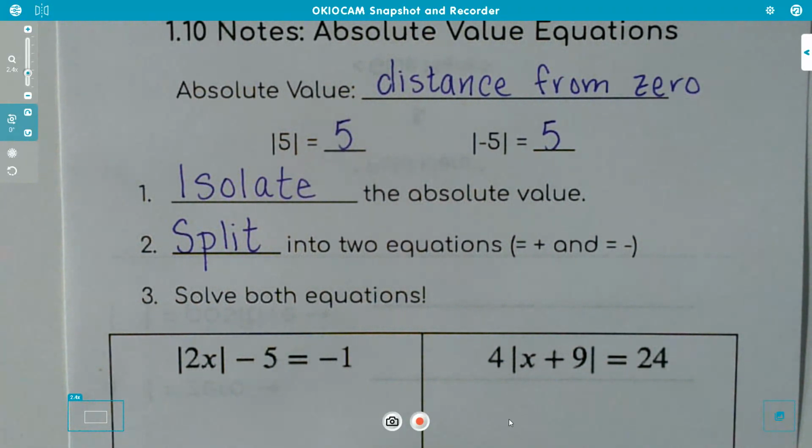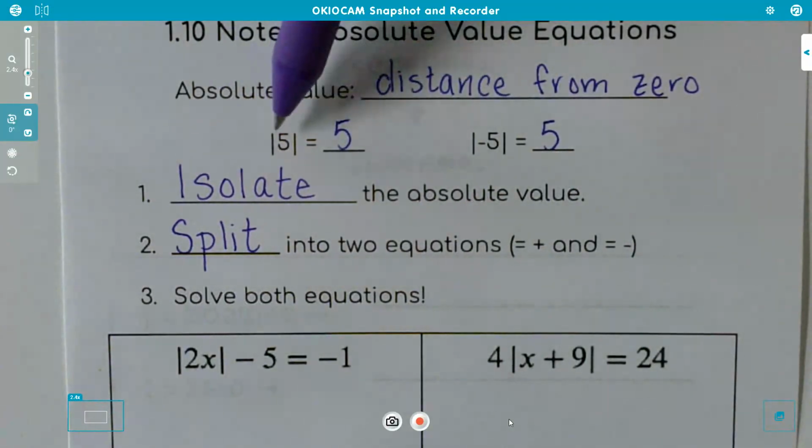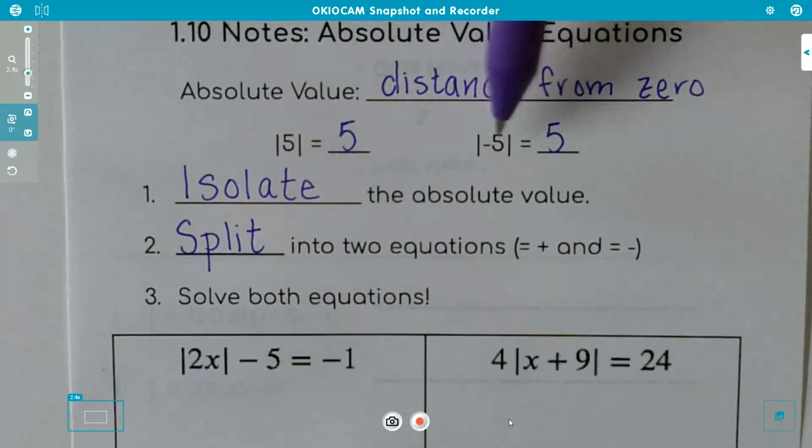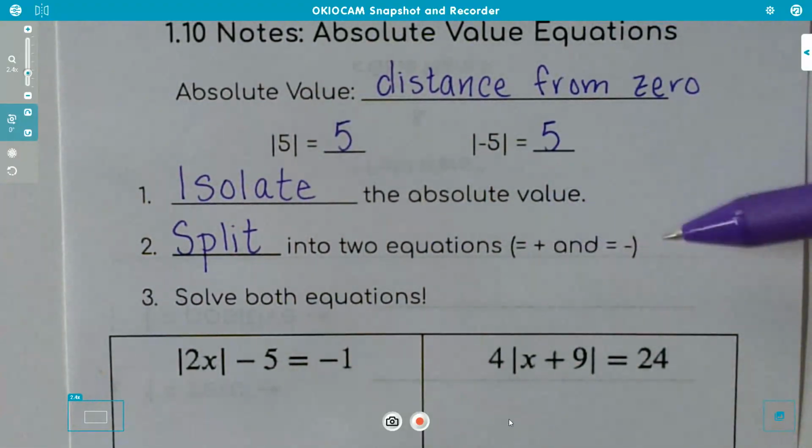So if I say that the absolute value of something is equal to 5, I'm going to need to solve that equation equal to 5 and equal to negative 5. So I'm going to split. One is going to be equal to a positive, and one is going to be equal to a negative. Once you have split, you are going to solve both of your equations.